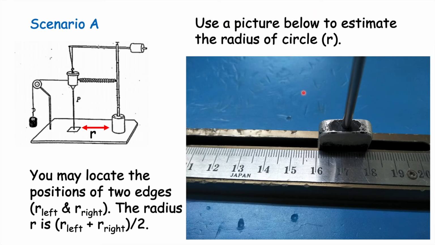Record the radius of the circle by using this picture, and again, you may just find the location on the left and the right, and then sum them up and divide it by 2. That is your radius.